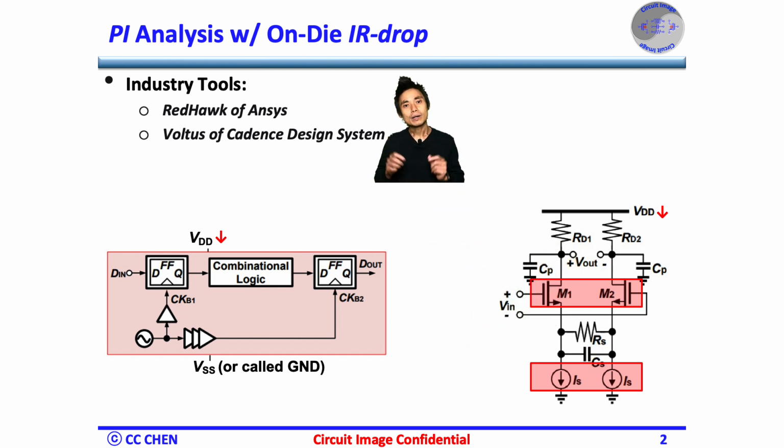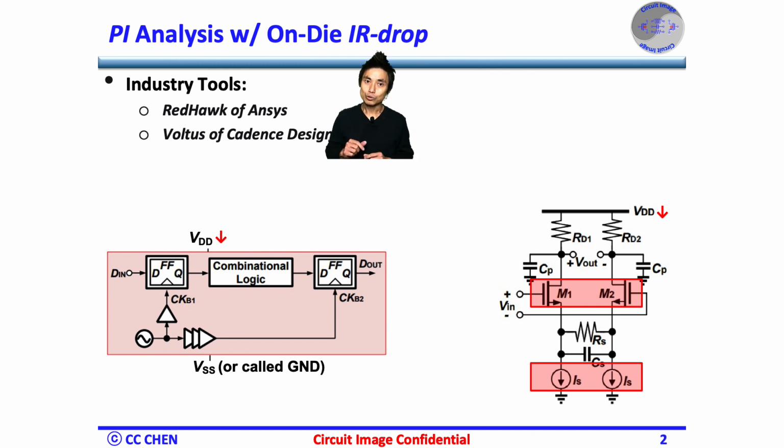That's why we must do the on-die power integrity (PI) analysis, which is the IR drop analysis, since it's quite critical in any SoC system, including the circuit system.